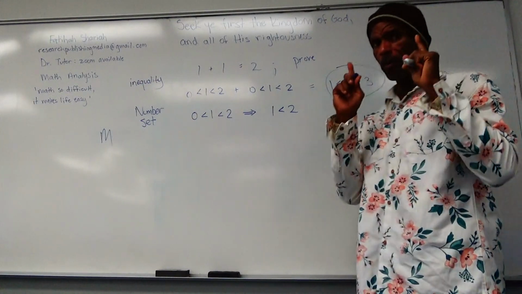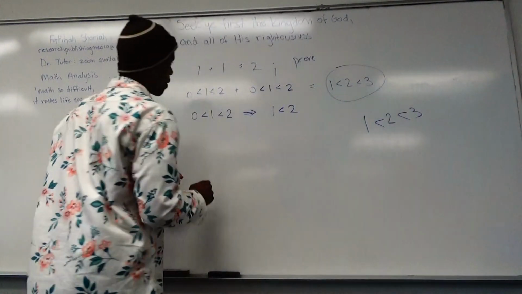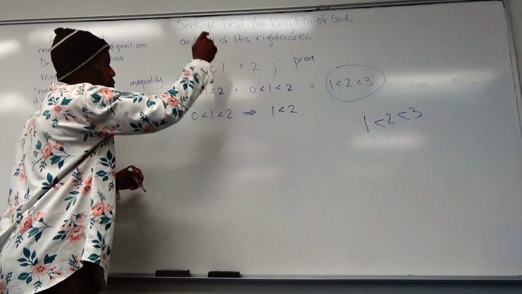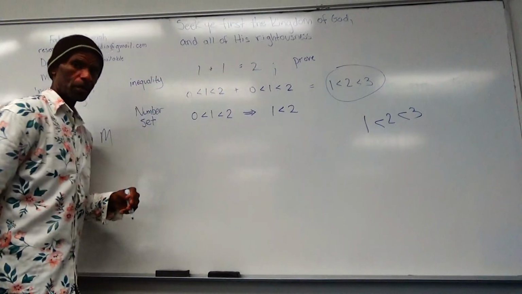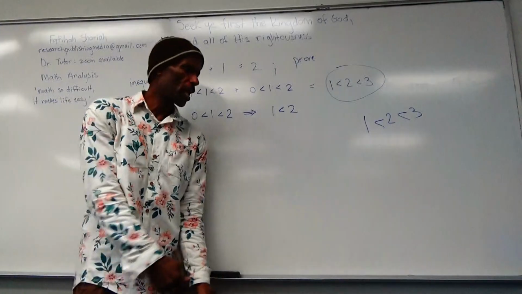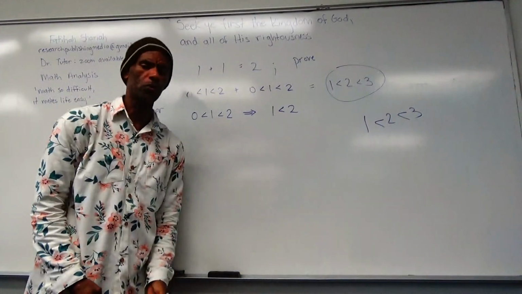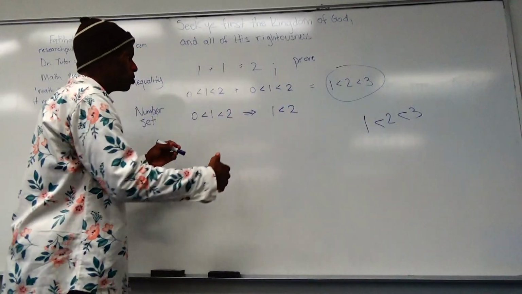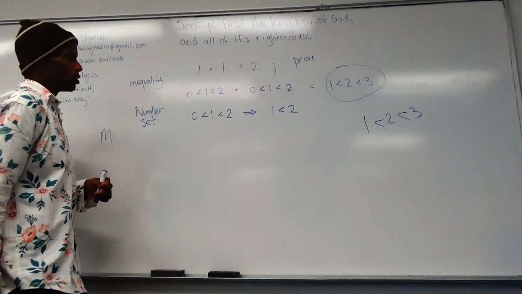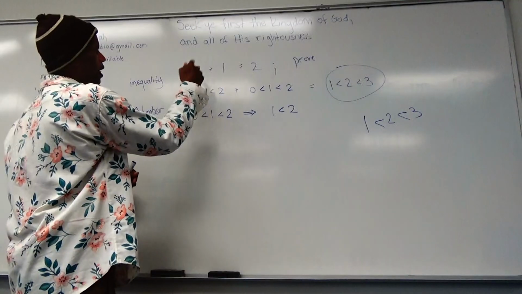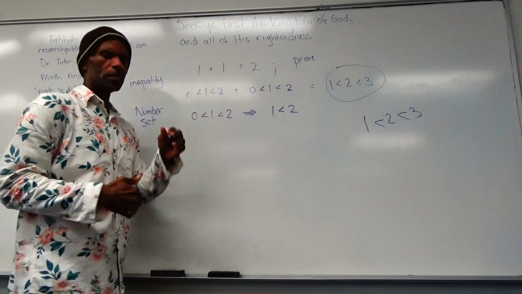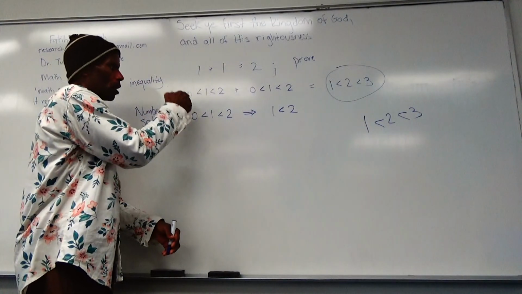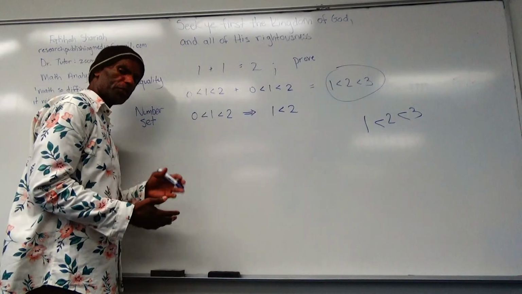Now again, remember what we're trying to do now. We're trying to prove that 1 plus 1 equals 2. Like you might hear that all the time, but they ain't proved it. You don't know that to be true. So let's prove it. So we first have to put a value on each one of the variables. So we say that 1 is greater than 0, less than 2.